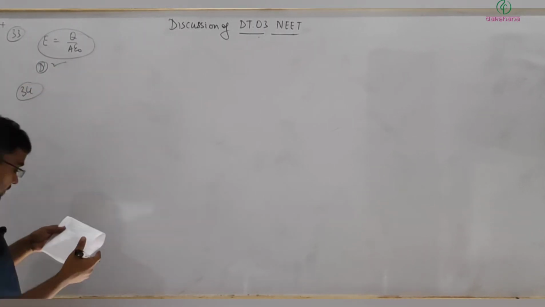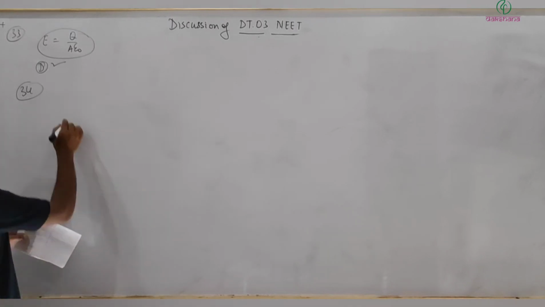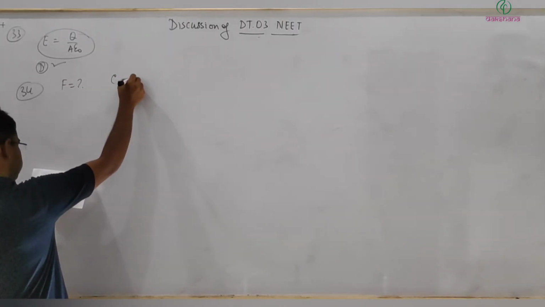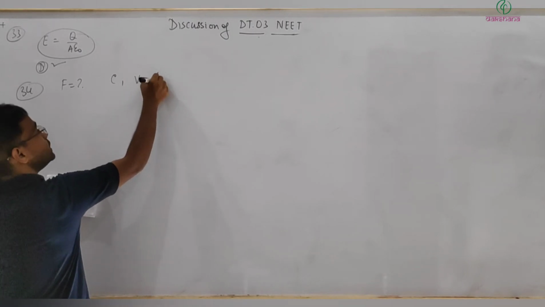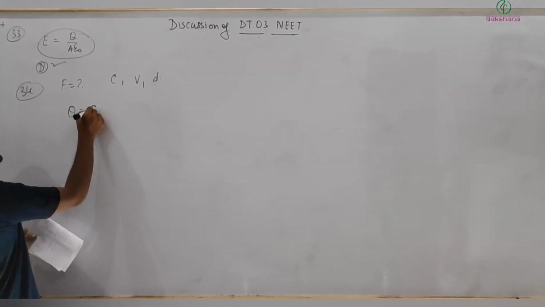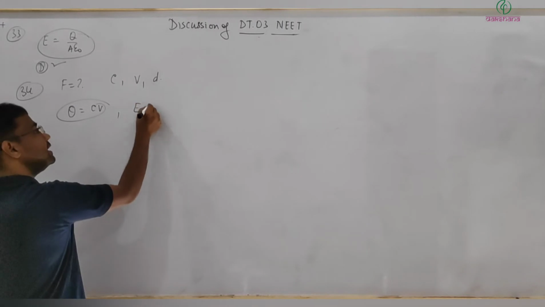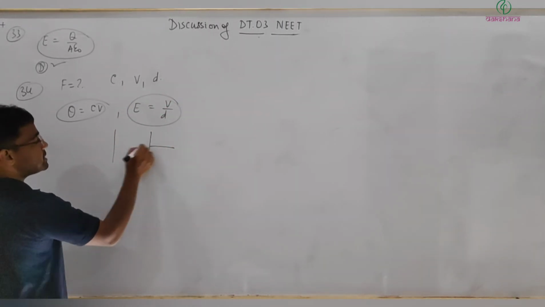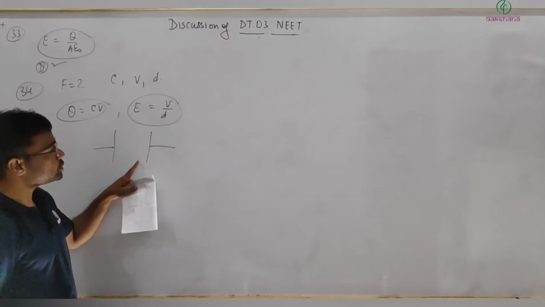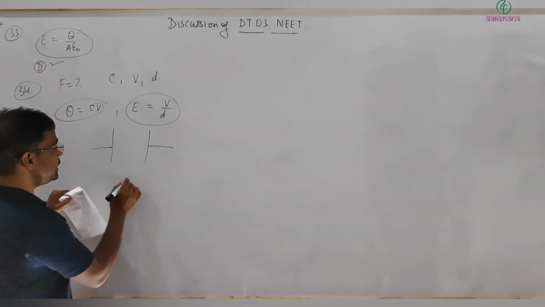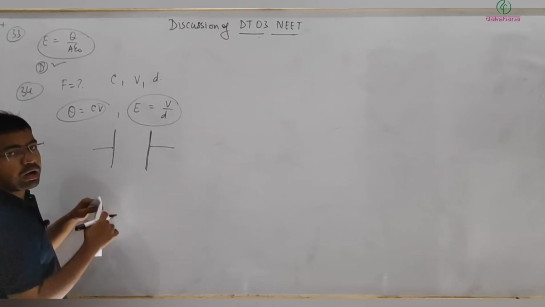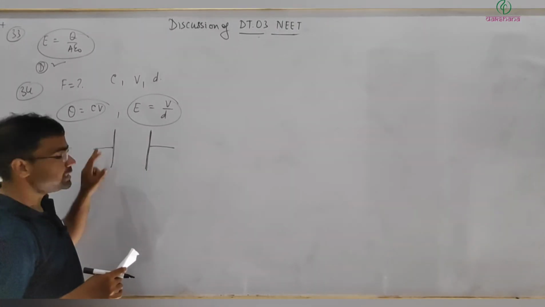34. The force between the plates of the capacitor is asked, with capacitor C, potential V, separation D. So Q is equal to CV, and the electric field is V by D between the plates of the capacitor. This is the net field, but the force on a plate will be due only to the electric field of the other plate.